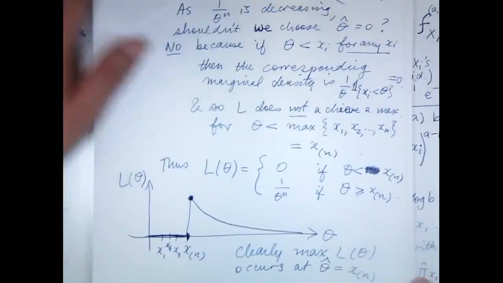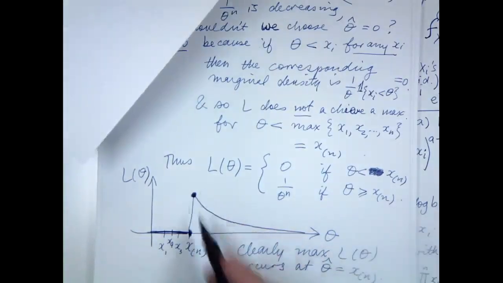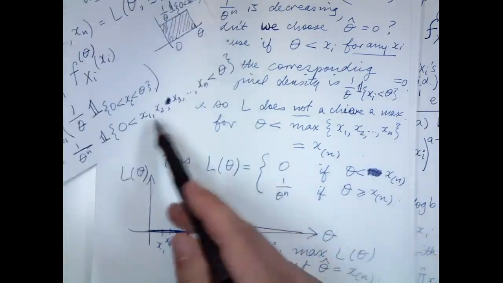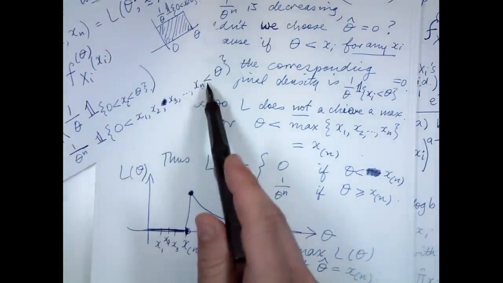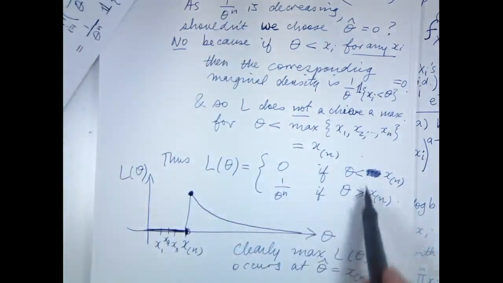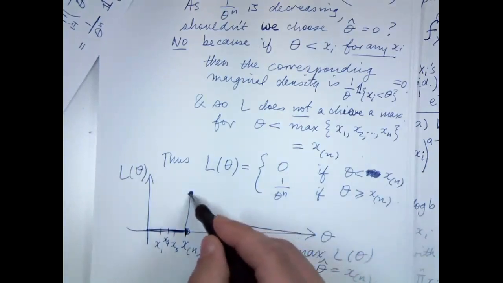Now, there might be some objections from people who are worrying about the jump, because I said the density is indicator less than theta. If I change that to less than or equal to theta, it seems like it would change this to less than or equal to and that to greater than, and so I wouldn't have an actual maximum. That's kind of not a real issue, because even if that weren't a solid included point there, it doesn't matter.